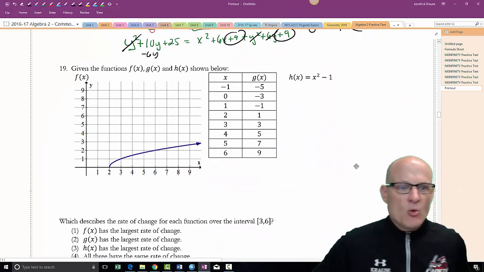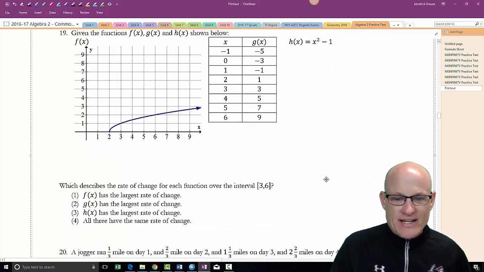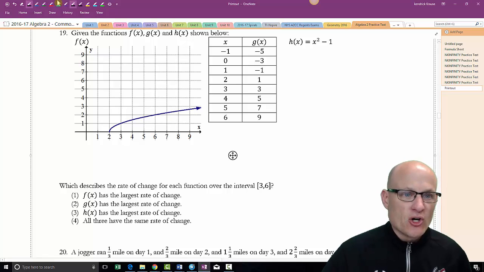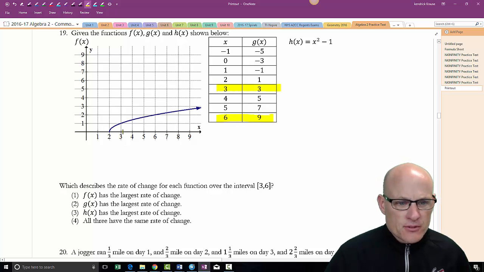Let's keep moving. Given the functions, describe the rate of change from 3 to 6. So we're going to do rate of change from 3 to 6. So this one I'm going to have to do it this way. From 3 to 6, well, this one the change is 1 up and 3 over.